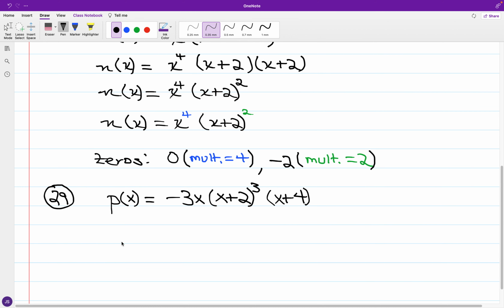Let's say just stressing the degrees. So you've got 3 variable factors with x, x plus 2, as well as x plus 4. So you got negative 3x, a first order variable, and we have times quantity of x plus 2, which we have to the third.